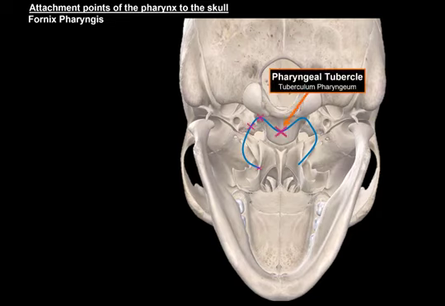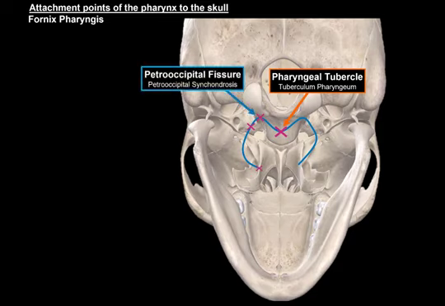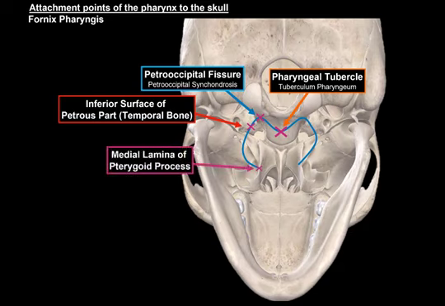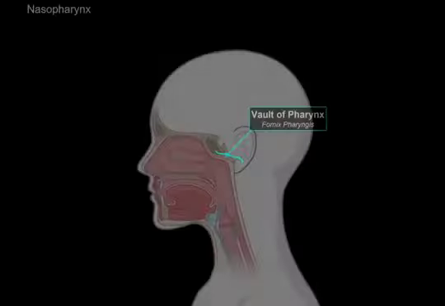We have the pharyngeal tubercle of the occipital bone, which is the basal part of the occipital bone. The next attachment point is where the occipital bone and the petrous part of the temporal bone fuse, called the petro-occipital fissure. It's also attached to the inferior border of the petrous part of the temporal bone, and it attaches to the medial lamina of the pterygoid process. So the pharynx is attached to these structures and forms the vault of pharynx.